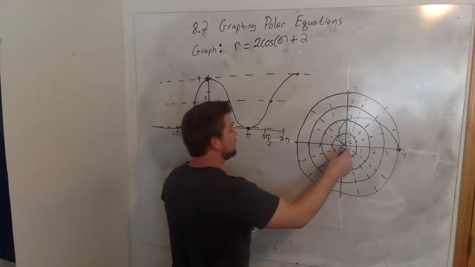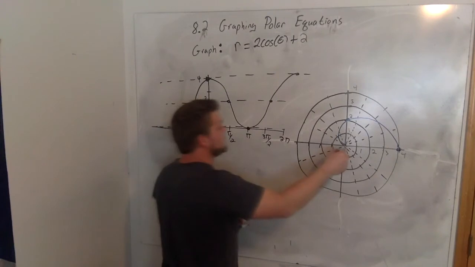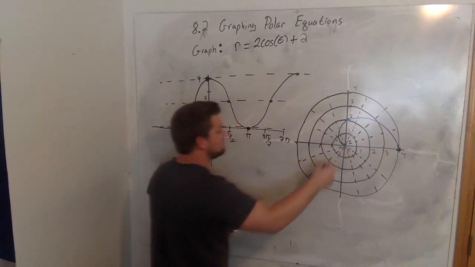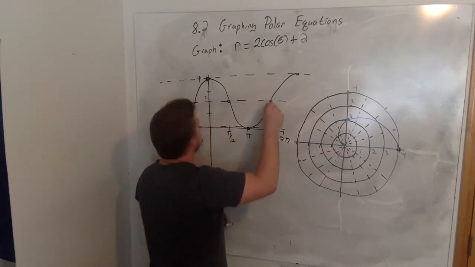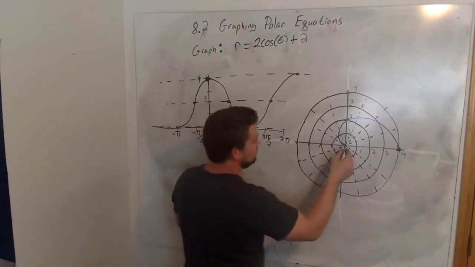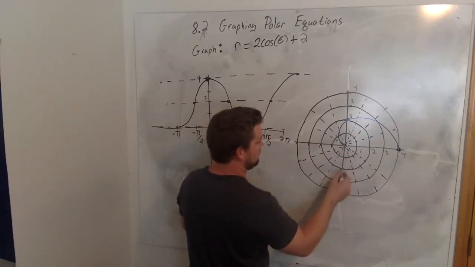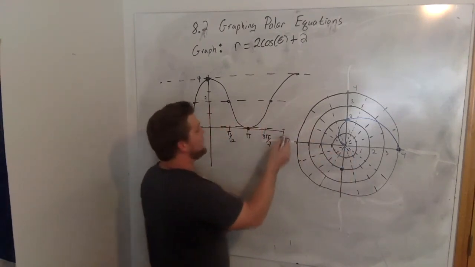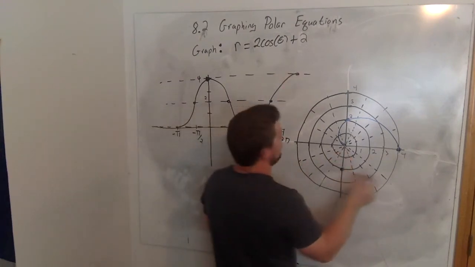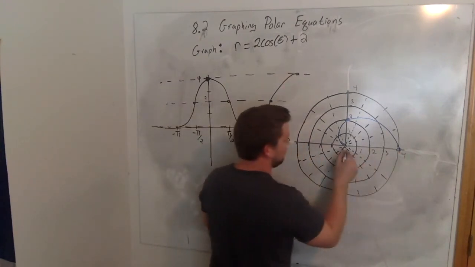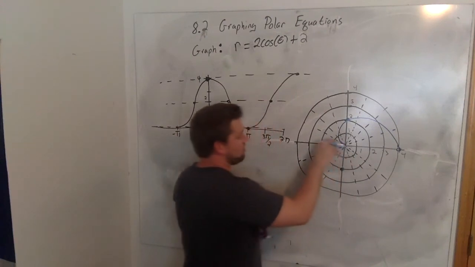So it's almost like we're going to bounce off. As we rotate, we need to make our radius bigger. When we're at 3 pi over 2, we have to be at a radius of 2, and then when we're back at 2 pi, we are at a radius of 4 again. So we're getting larger as we rotate.